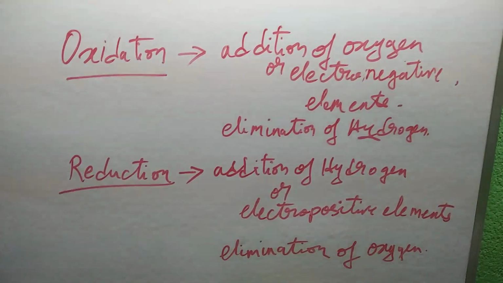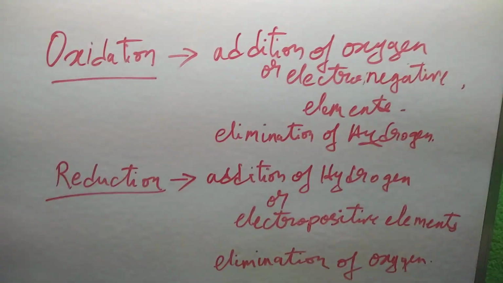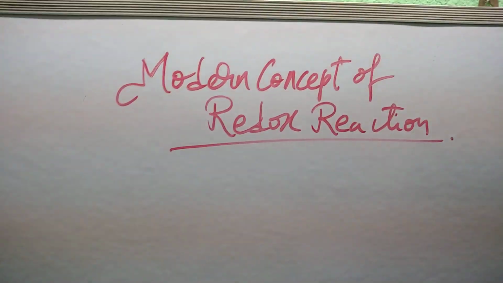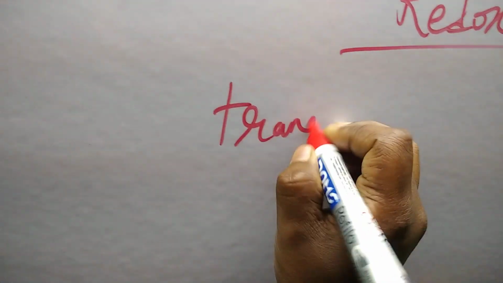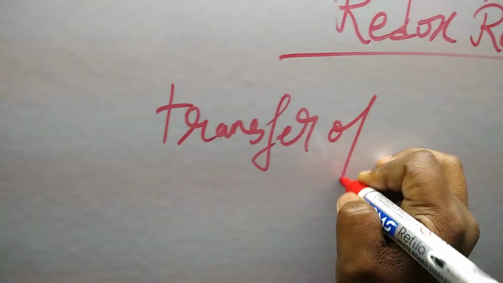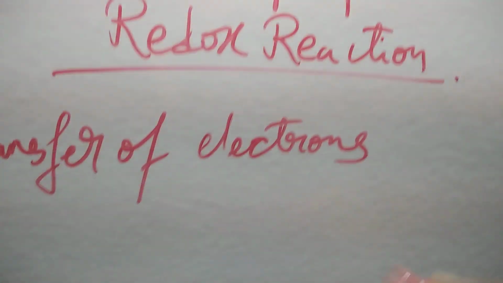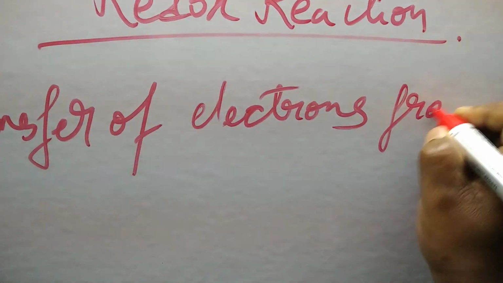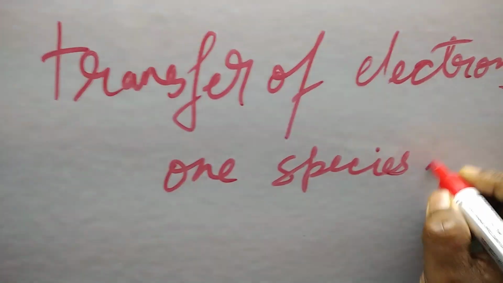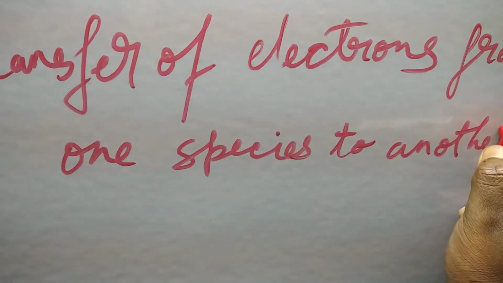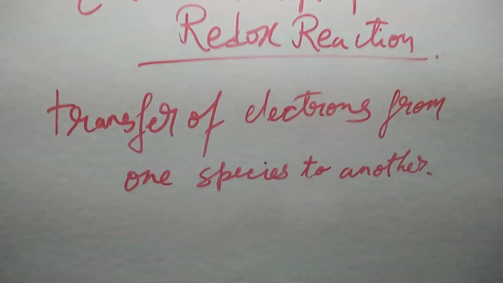nowadays we don't use this concept. Okay students, so let's see what the modern concept of redox reactions says. The modern concept of redox reaction states that it is transfer of electrons from one species to another, or transfer of electrons between two species.